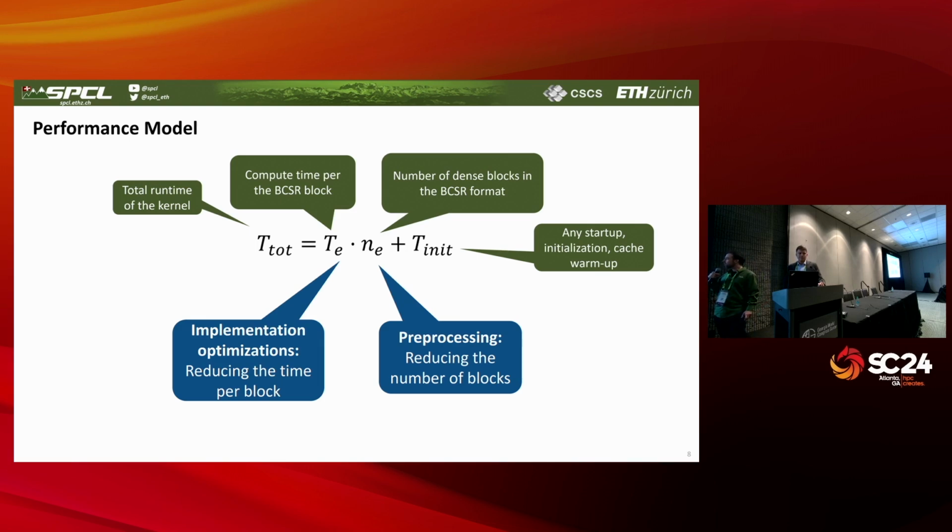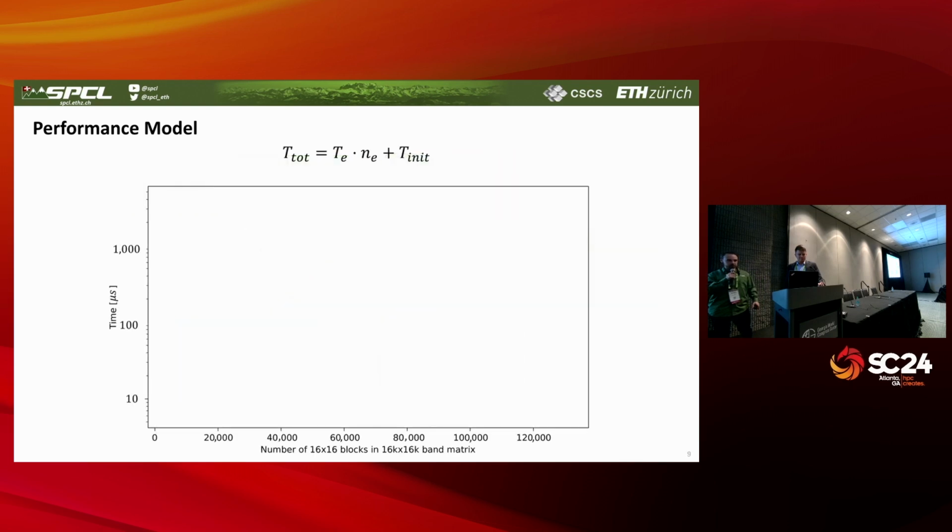So how can we actually model and improve these low-level optimizations, which is the runtime per single kernel? Here we will test different versions, different layers of optimizations on this plot. On the y-axis we have time on a log scale, and we will test it on synthetic band matrices.